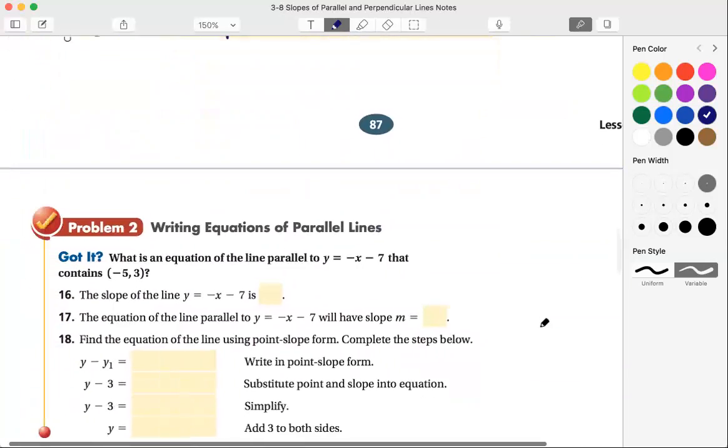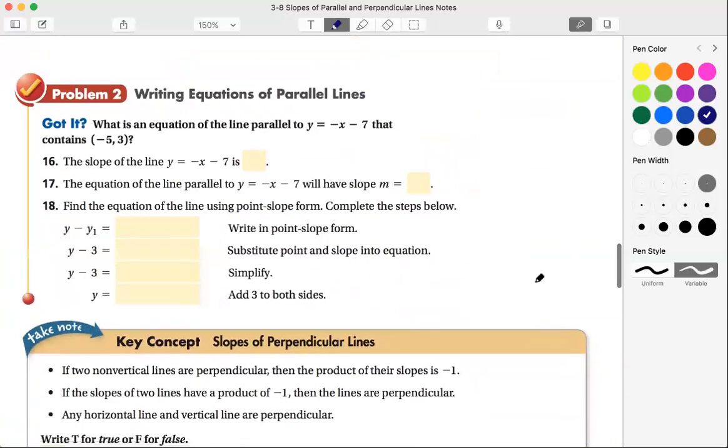Okay. So let's write an equation of a line parallel to y equals negative x minus 7 that contains the point negative 5, 3. The first thing we identify from the line is the slope, and it's a slope of negative 1. So the equation of a line parallel to this must also have a slope of negative 1. We're going to use the point-slope form first: y minus y1 equals m times the quantity x minus x1.